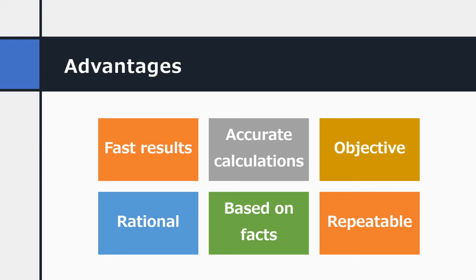Using a computer to do this has certain advantages. It can quickly process all the numerical data that we have, use the calculations accurately, and produce results without any bias or favour to a particular group. It's acknowledged to be rational.